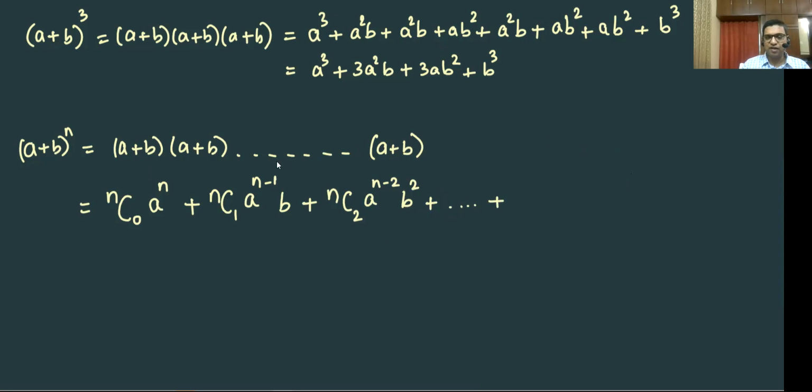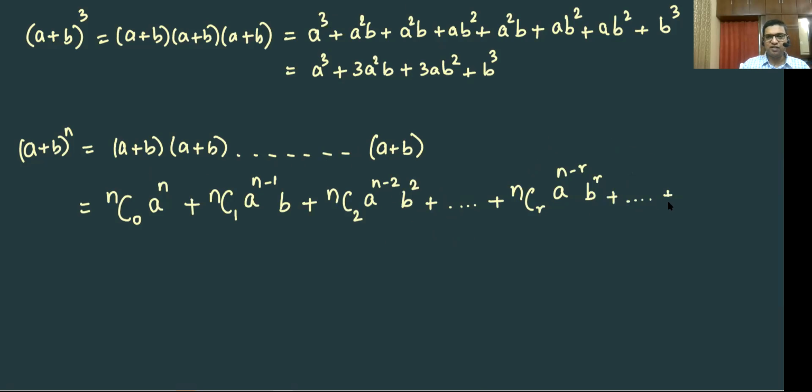So this is how we calculate. Now from the n factors, I select r factors from where I select b's, and the remaining n minus r, I'll select a's. So when I multiply, I get this.